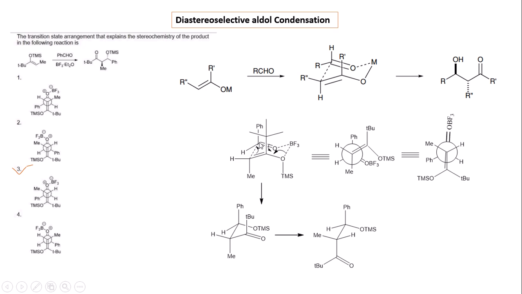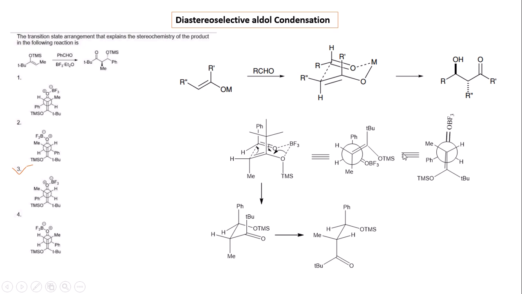intermolecular addition, we get the stereochemistry where this is the front carbon, where the methyl group is present in the axial orientation and the hydrogen is present in the above orientation. Similarly, this is the back carbon where the phenyl group is present in the axial position and the hydrogen is on the left side, and this is the OBF3.